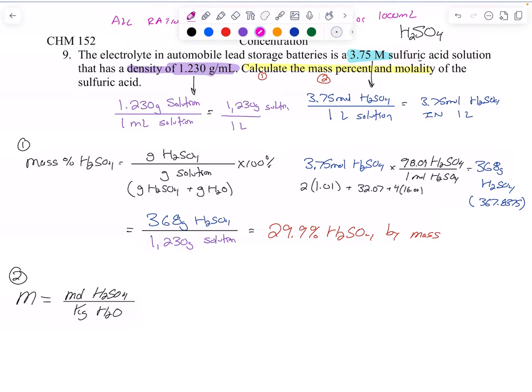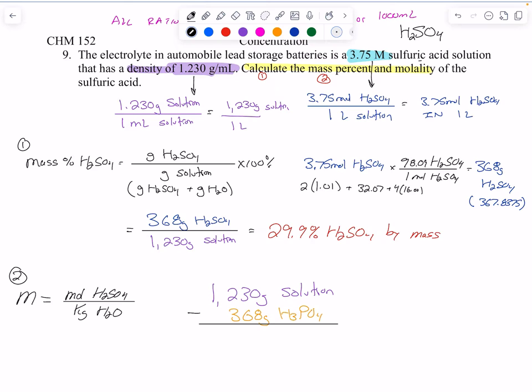Well, we know I have 1,230 grams of solution. We know that we have 368 grams of H2SO4. Now, because we're in chemistry land, we're going to assume that it's only sulfuric acid and water.